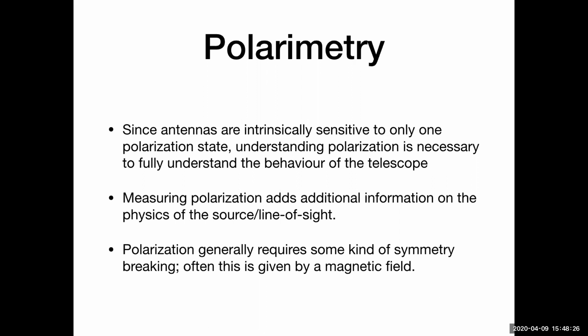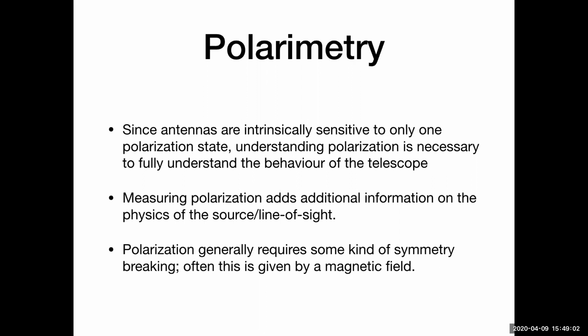And the reason that polarimetry matters, even if you're not interested in the polarization of whatever physical source you're studying, is that the antennas themselves are intrinsically polarization aware. Any given antenna can only be sensitive to one polarization of light. Typically if we're talking about cross dipole antennas, you have one antenna sensitive to the X component and one sensitive to the Y component of the polarization.